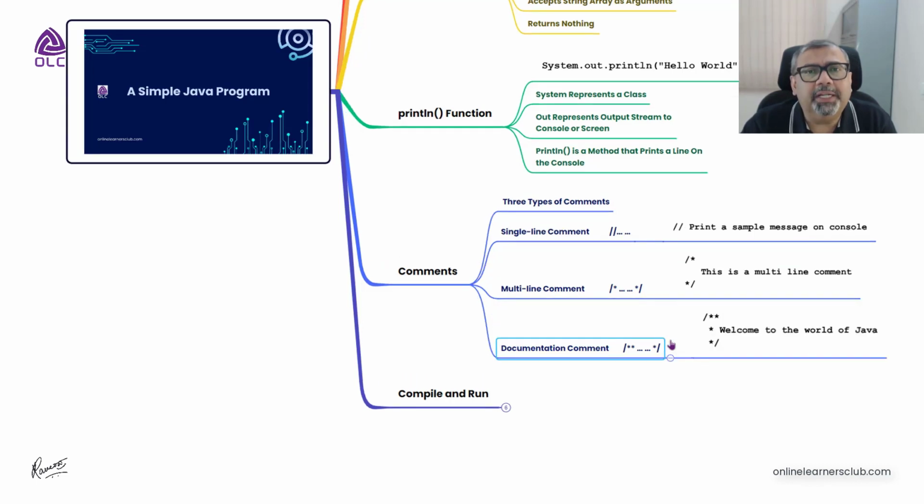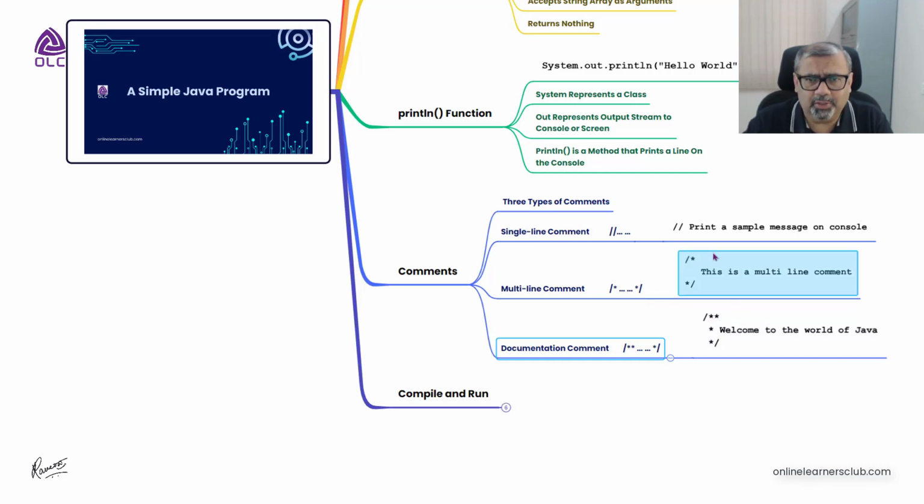And then we do have documentation comment. Java is a very well defined as well as documented coding language. So if you want to represent some documentation about the method, what it does, what is the functionality, etc., yes, you can put that information into a document comment. A document comment starts with slash star star as compared to slash star in a multi-line comment.